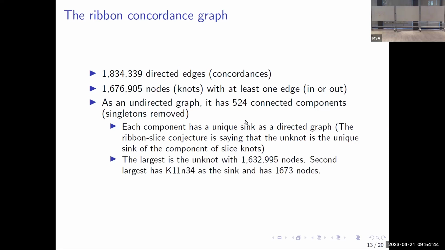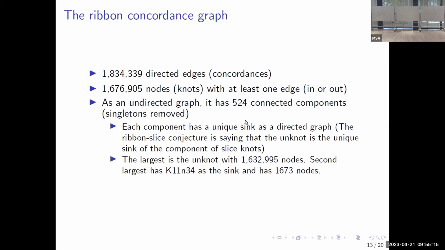Of these components, the largest component was the unknot's. Almost all of the knots that we found edges for were in this one. The second largest was K11n34, the Conway knot, as its sink, and that had 1,673 knots.